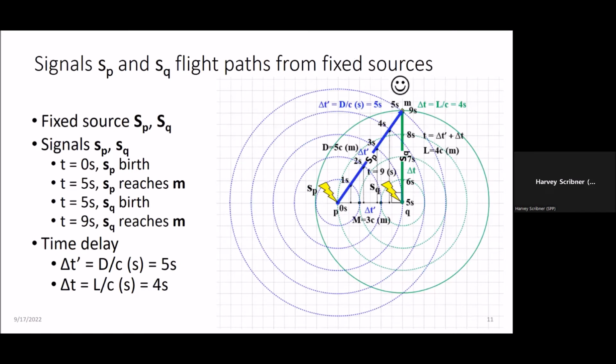So here's one diagram that kind of crams all the information into one perspective, one graphic. And so what you see is the flash signal, the source SP sends a signal SP that propagates like this in time. And at the same delta time of the travel of flight of this signal, we're going to emit another signal. Now, these are fixed positions, so there's no velocity involved here except for the signals themselves.